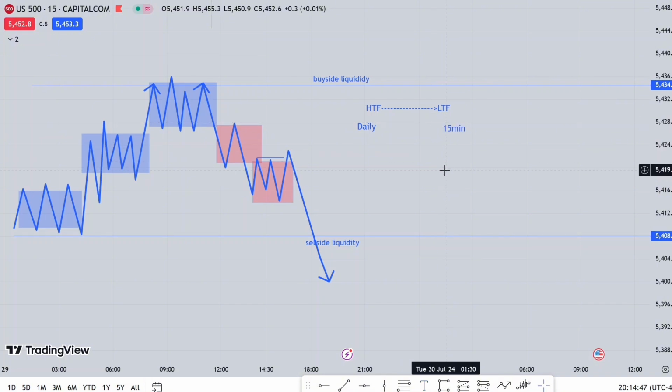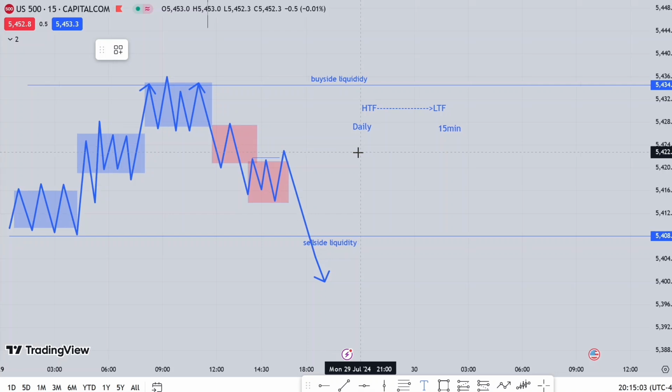You'd want to see the 15-minute fractal, and when you have a higher time frame of 4 hours, this is contextual, so this is not a dogmatic statement. You'd want to practice this more to understand what is the bellwether for each individual higher time frame.